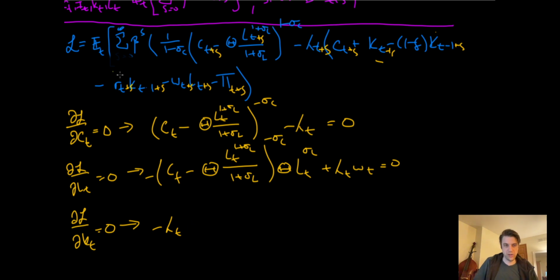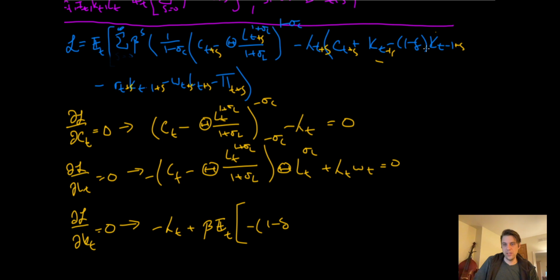So we need to go to the next period because these minus 1s will become t's. So we're going to get plus beta expectation at time t. And then this becomes KT plus 1. We're not worried about that. We're worried about KT. So we get 1 minus delta KT. So we get minus 1 minus delta. Oh, wait, but we have a minus sign here.